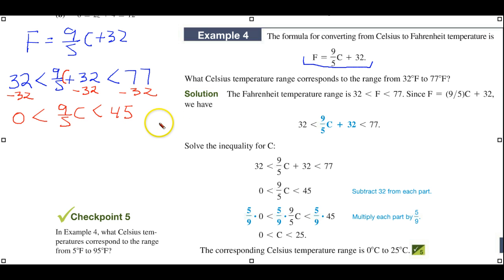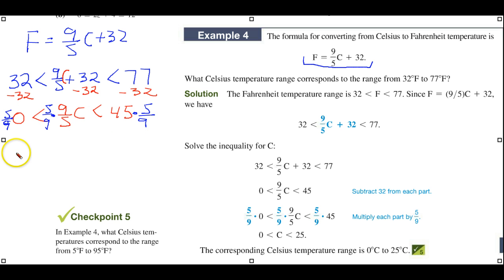Now, what we can do to get rid of our 9/5, we can take the reciprocal of 9/5. That's what they're doing. There's another way to do it also, but we'll just follow what they have. So 5/9, 5/9, and we're multiplying here, and multiplying 5/9.